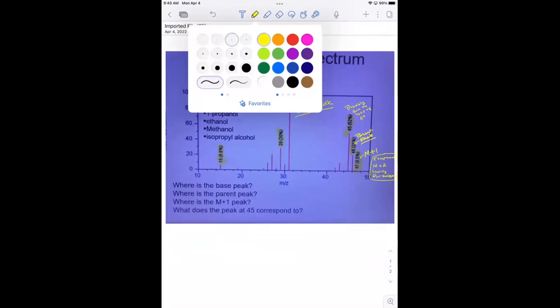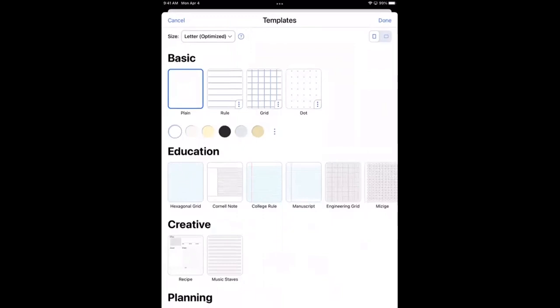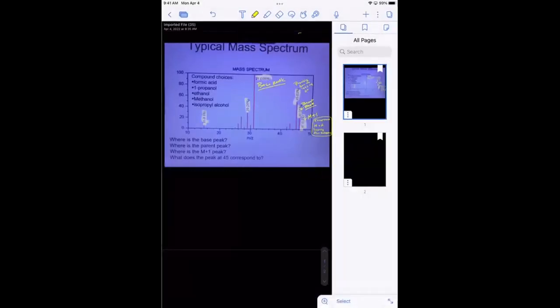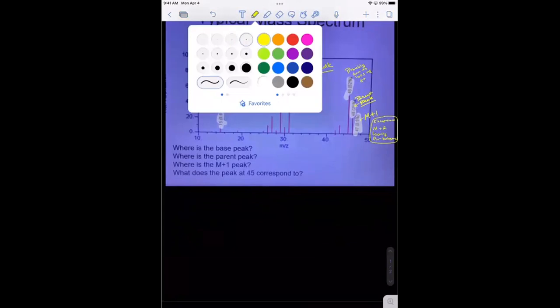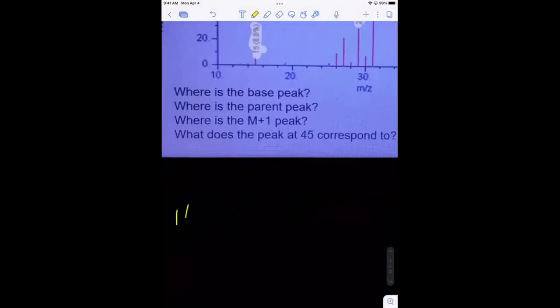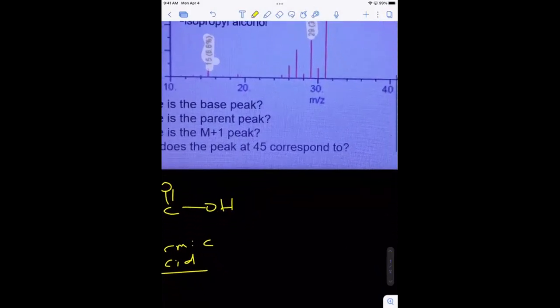All right. So we got, let me try something. All right, so that way I don't have to keep switching pens. We got formic acid, which is this compound right here. All right, we have 1-propanol, which is this compound right here.